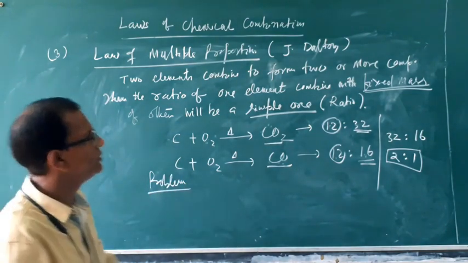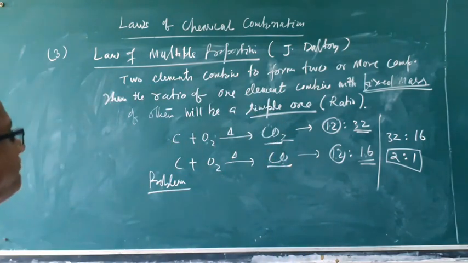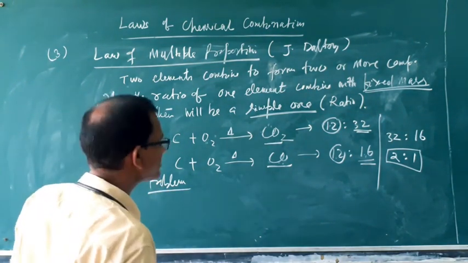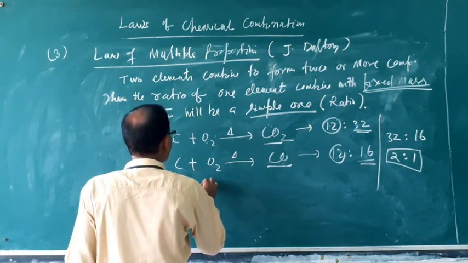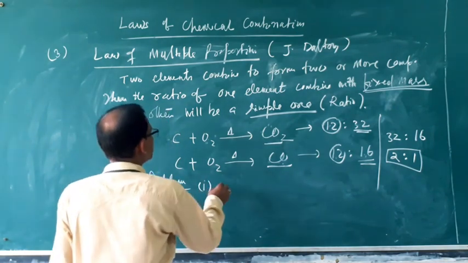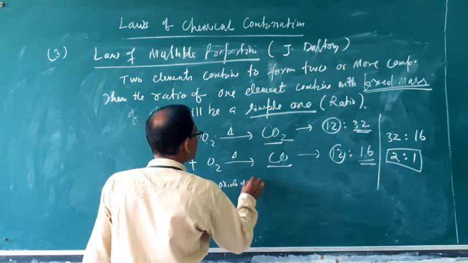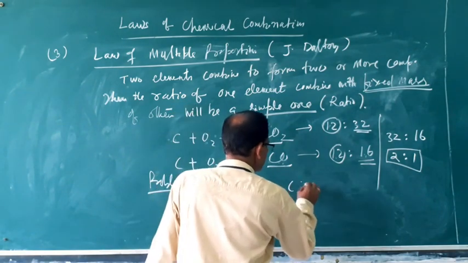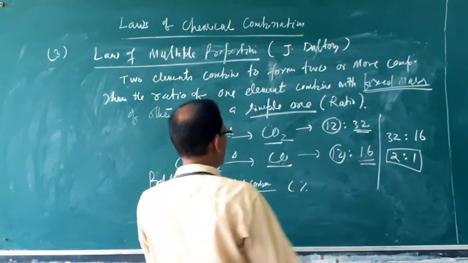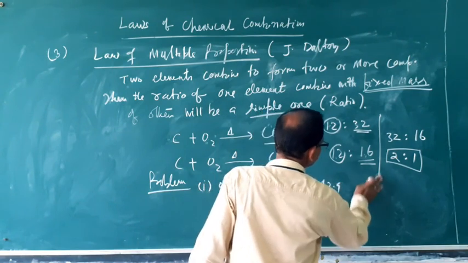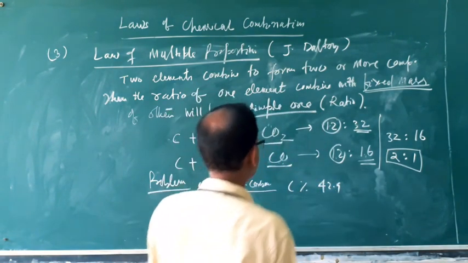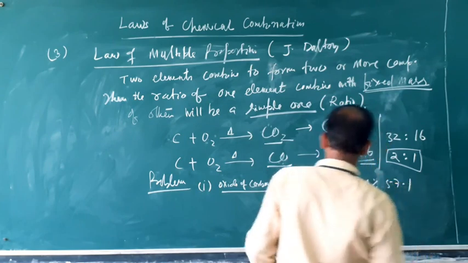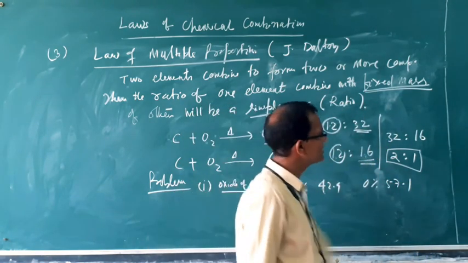Let us discuss the problem. What is the problem? The problem data is: in oxides of carbon, in the first experiment, the oxide contains a carbon percentage of 42.9, and oxygen percentage of 57.1, because 100 minus this gives this result.